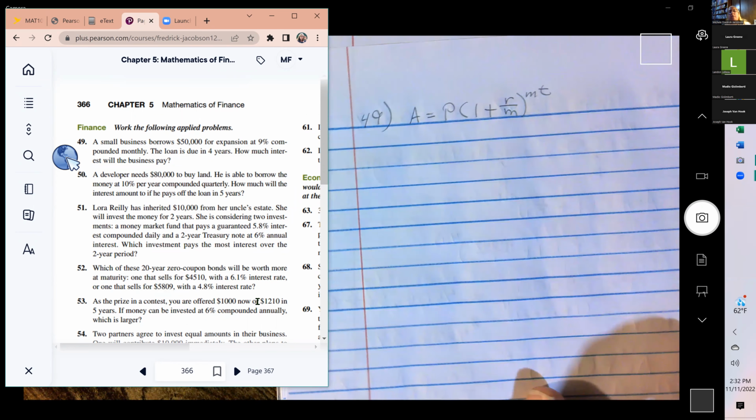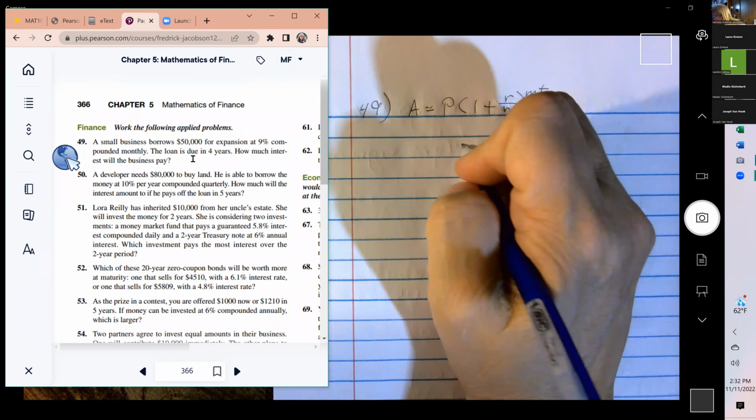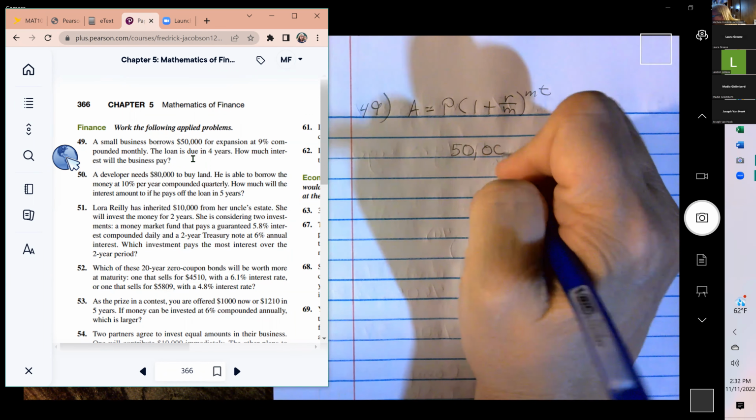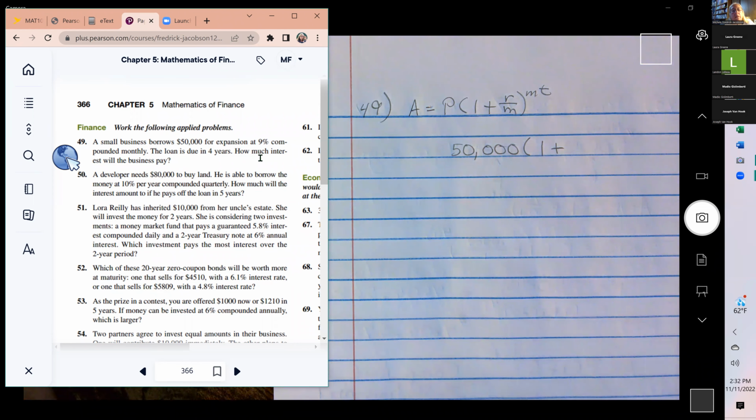Okay, so we have this. Now you have to decide where things go. You're borrowing $50,000. That's how much it is right now. That's present value. And the rate as a decimal.